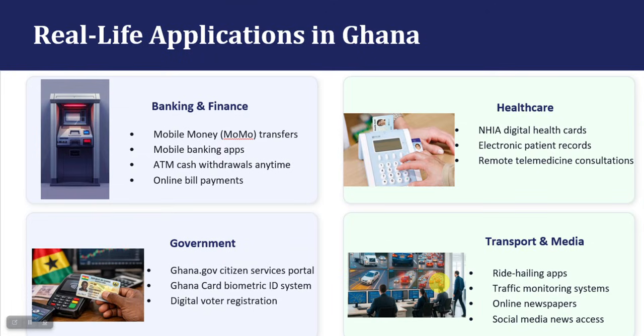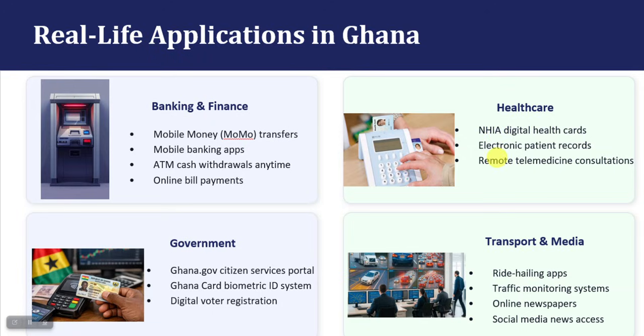Let's bring this even closer to our home, right here. In banking and finance, we have mobile money transfers, mobile money banking apps, ATMs, and so on. Then healthcare, you can see the NHIA, the NHIS card. Yes, you see, that is a digital device.